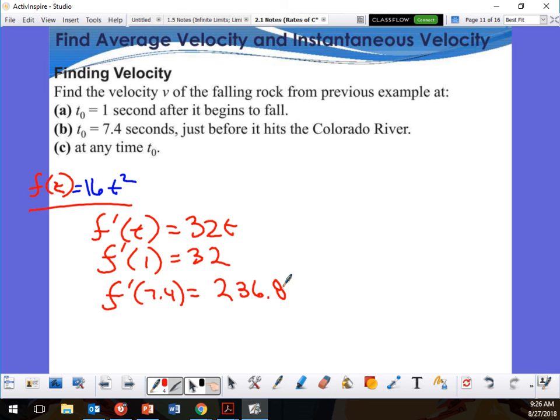And what are my units? Is this velocity? It is velocity, so what would my units be? Feet per second. Velocity is always a distance over time, so make sure you label it correctly.